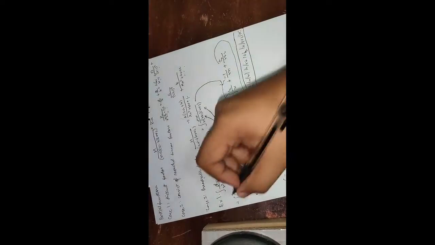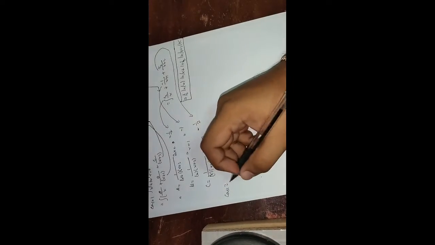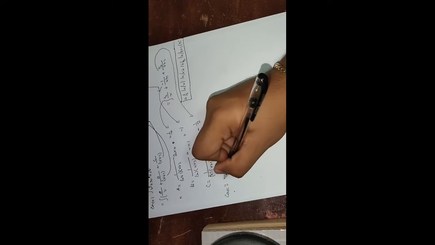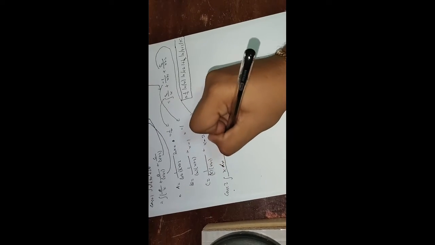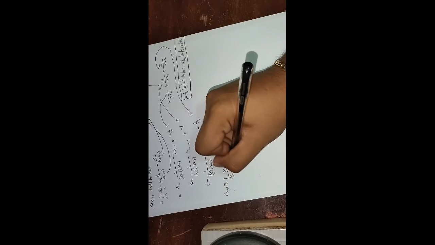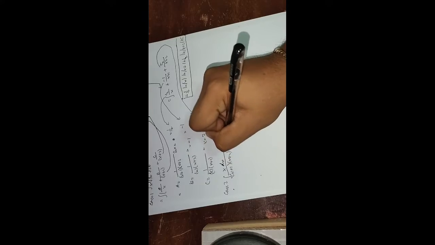And now we're going to have an example for case 2. For case 2, we have the integral of x dx over x plus 1 times x plus 2 raised to 2.